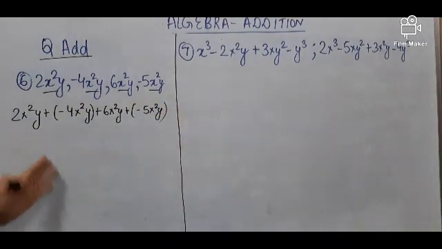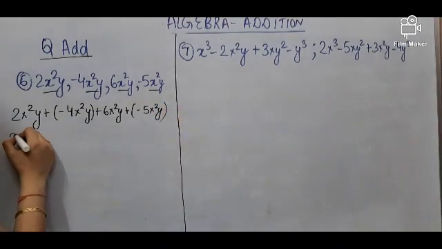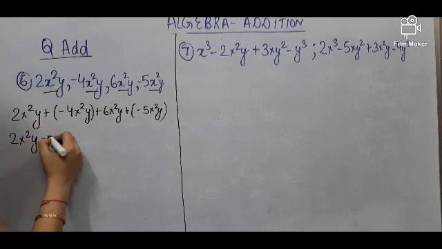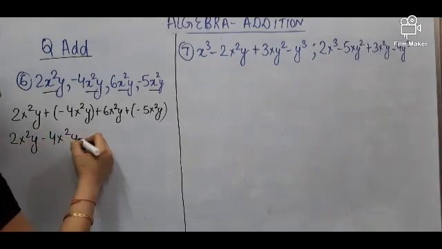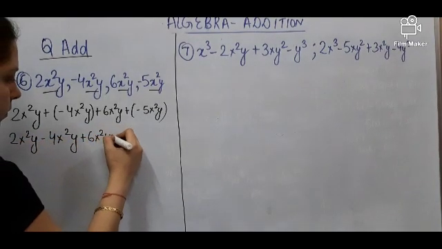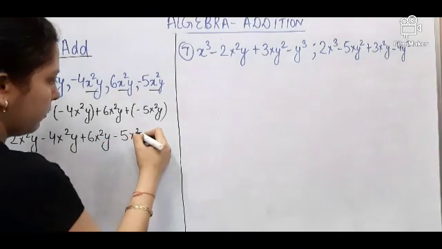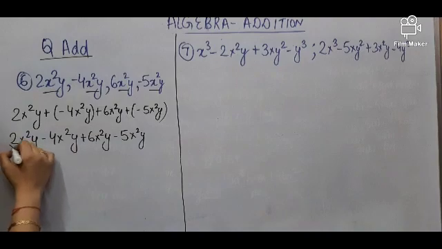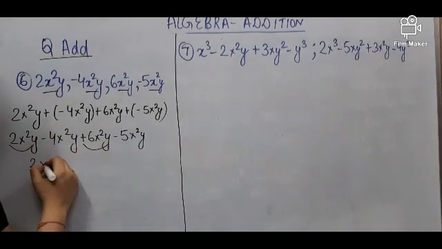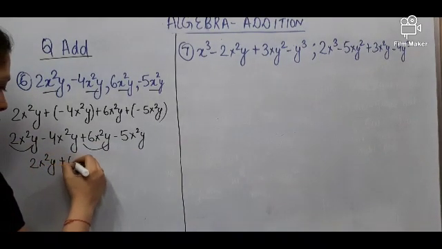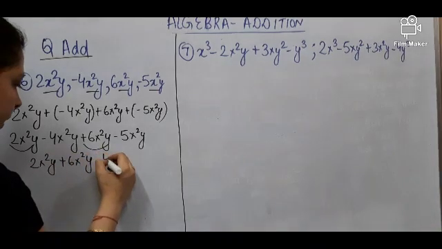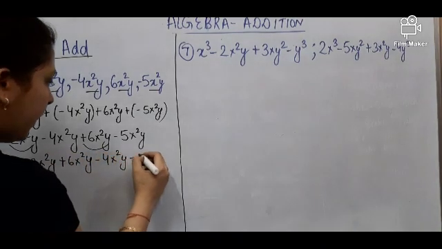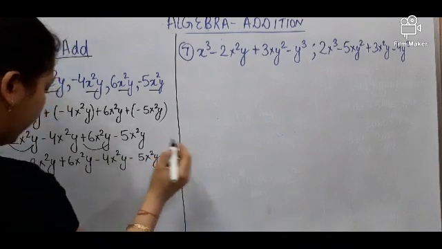As the bracket is preceded by a positive sign, there will be no change in the bracket. Now according to BODMAS, we'll do addition first: 2x square y plus 6x square y minus 4x square y minus 5x square y.